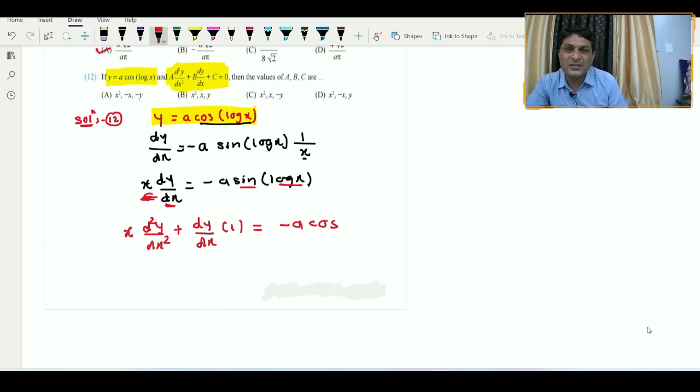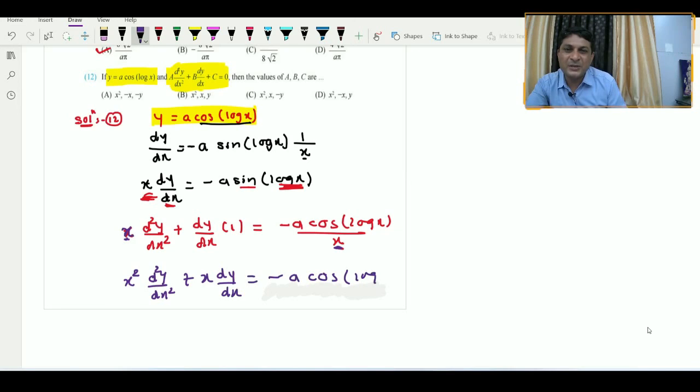Derivative of sin log x is cos log x into the derivative of log x, that will be equals to 1 by x. So multiply by the x in the denominator; it is divided on the right, so it will get multiplied on the left hand side. So x into this x will be x square d2y upon dx square. The second term multiplied by x gives x dy by dx, and on the right hand side minus a cos log x, keep it as it is.